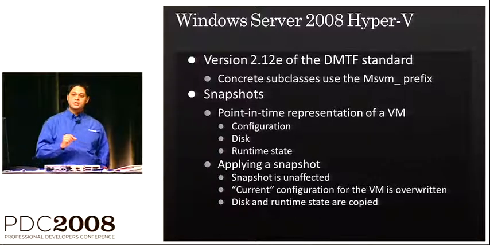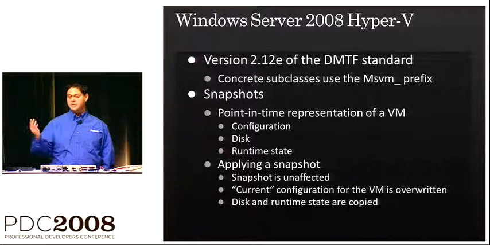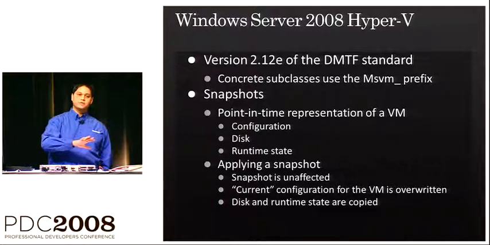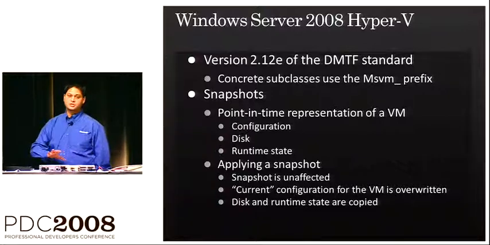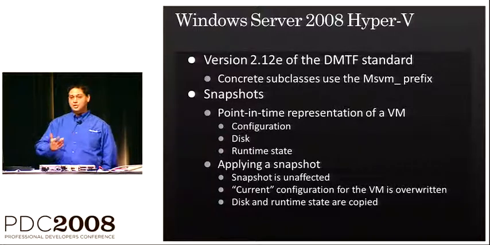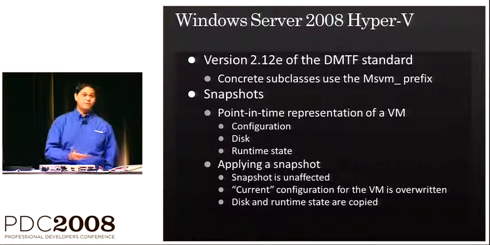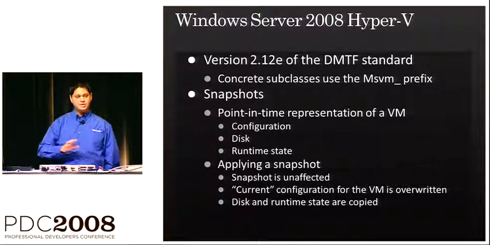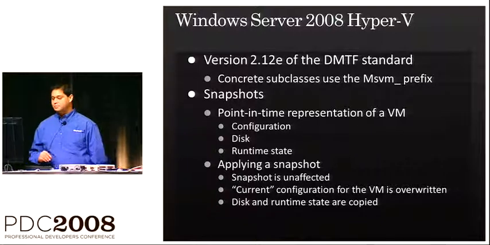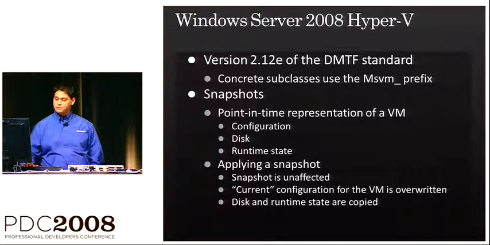The properties that are described in that virtual machine at the time the snapshot was taken are basically copied over into the current virtual machine. So if your current virtual machine happened to have 2 gigabytes of RAM, but at the time that you took the snapshot you had 1 gigabyte of RAM, once you apply it, your virtual machine now has 1 gigabyte of RAM left. And the disk and runtime state from the time of that snapshot are also copied over.